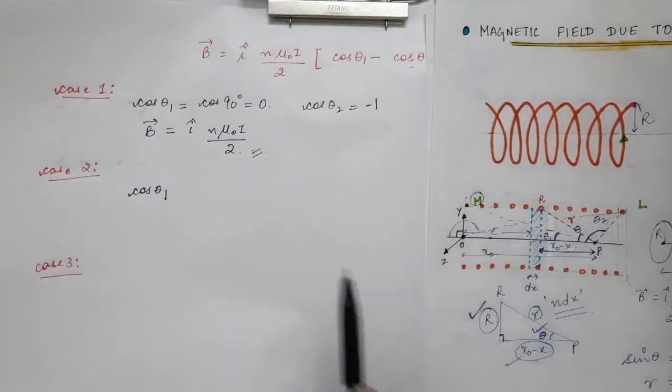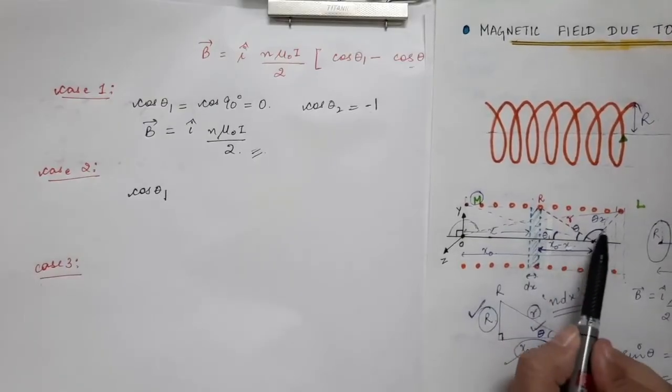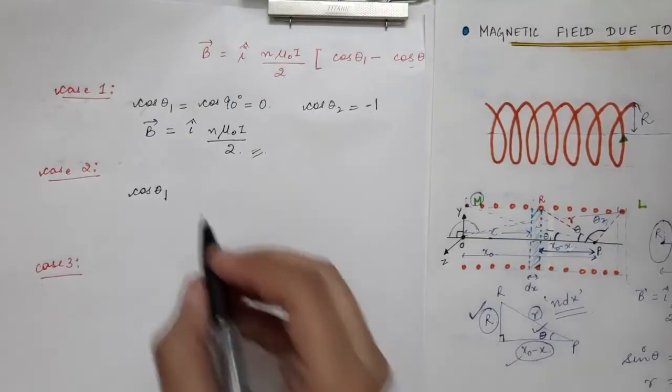When the solenoid is infinitely long, theta 1 will tend to 0 and theta 2 will tend to 180 degrees.